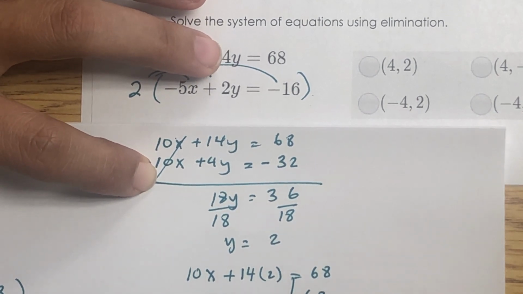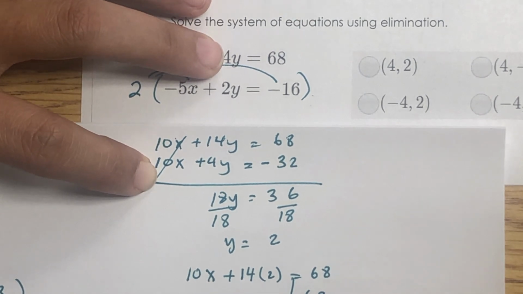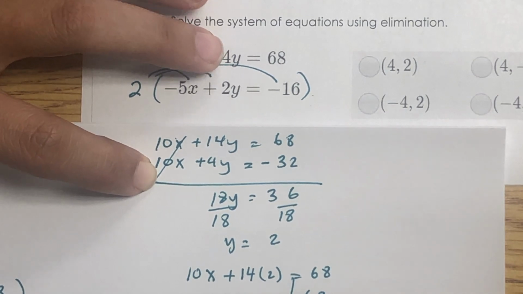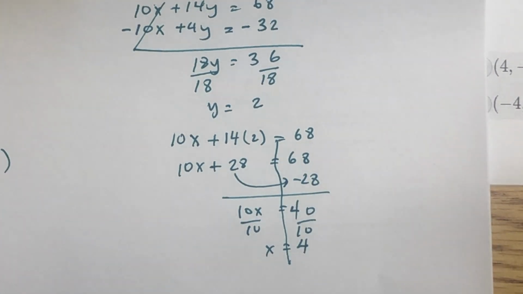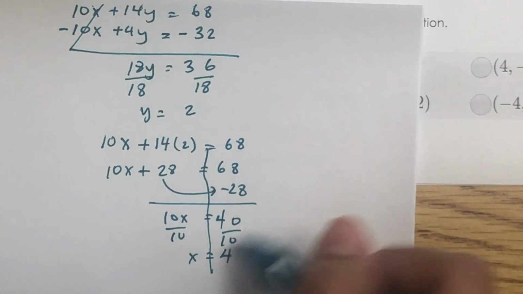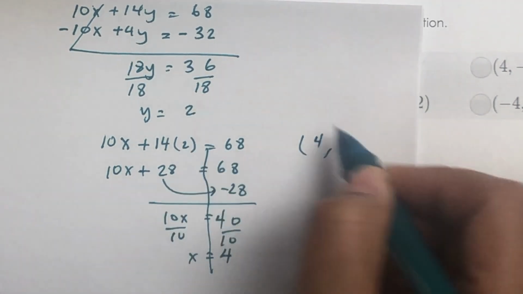Bring this to the other side, negative 28. So 10x equals 40, 40 divided by 10. X is equal to 4. So again, write it out as a coordinate pair. You're going to have x first, so that's 4, and y is 2.